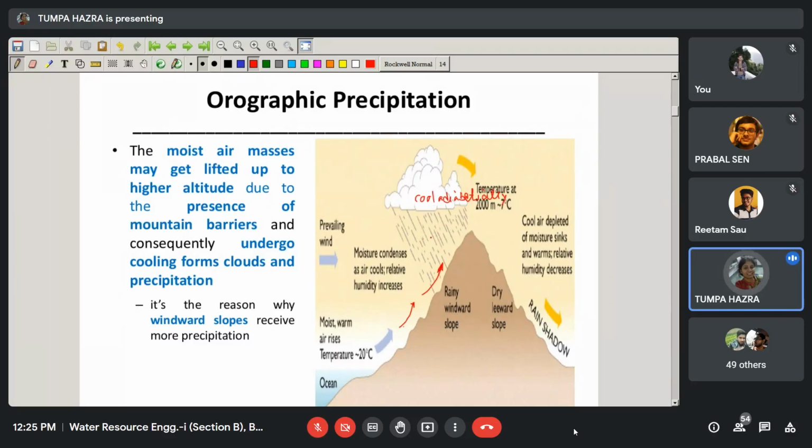Whenever it is packed with water, it will cause precipitation. This is known as orographic precipitation. Because of this type of precipitation, the windward side will have maximum precipitation rather than the leeward side.